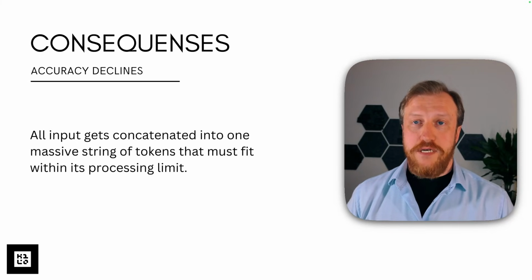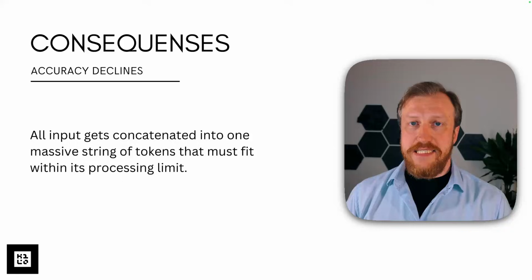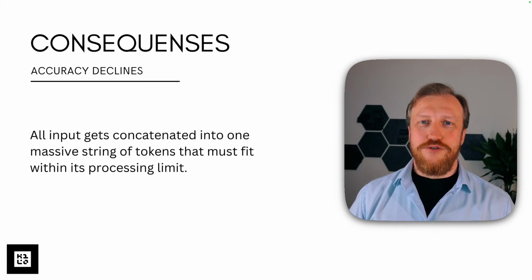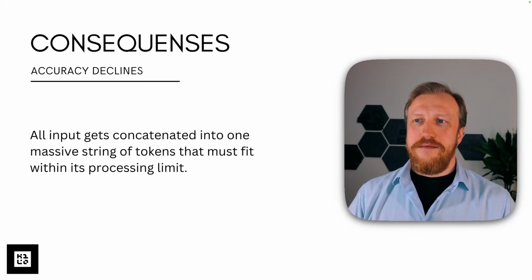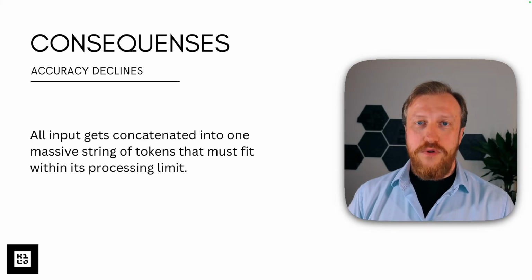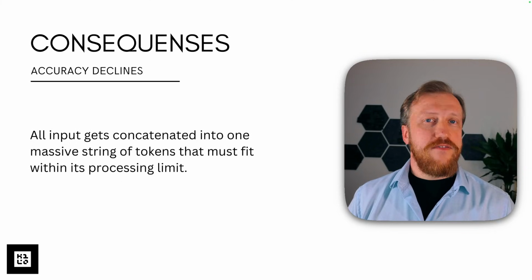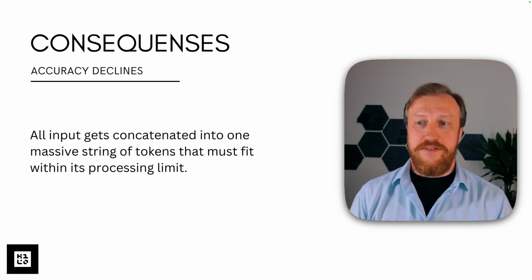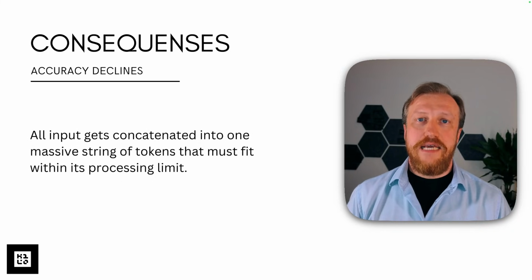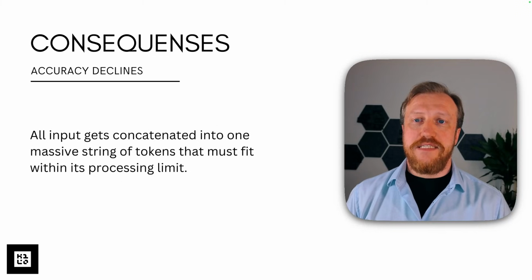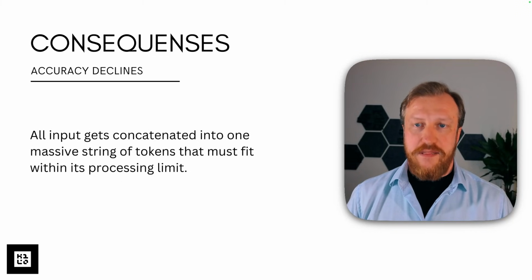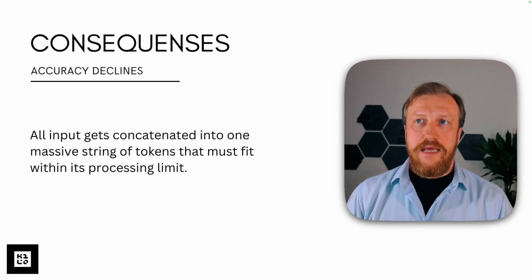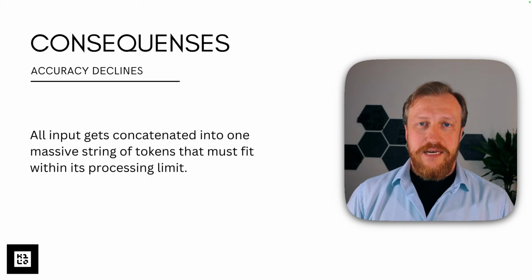Now, accuracy declines. We already discussed it. But think again, to understand the model, you need to become the model. Imagine yourself being a model. All input, everything that was sent, all the files, all terminals, or problems, got concatenated into one huge vector of token IDs, what fits within the context window, and then it needs to be analyzed.